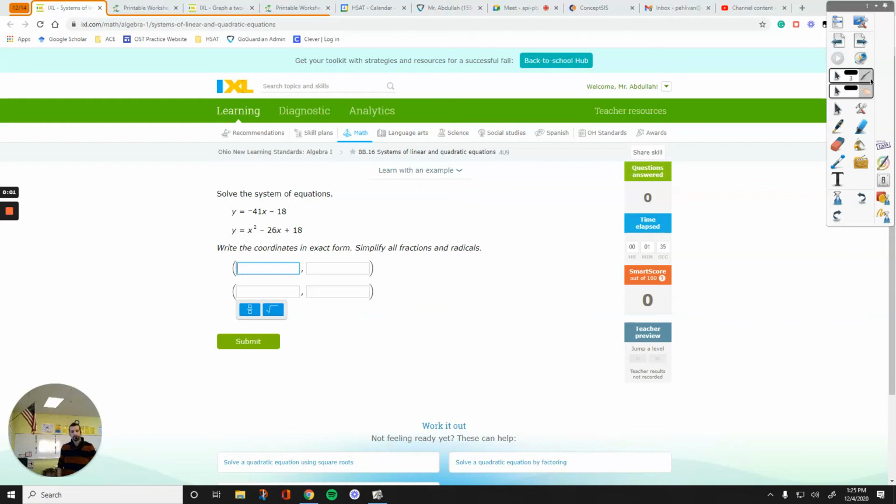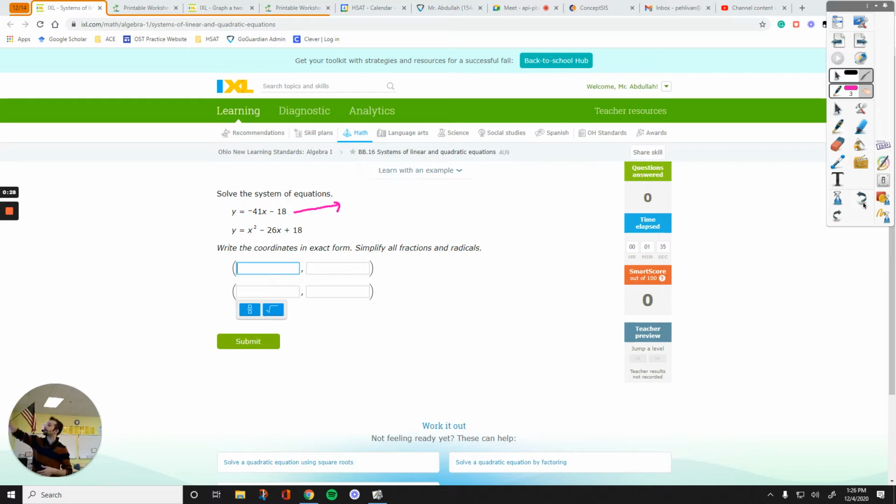Everyone, in this video we are going to talk about how to solve systems of equations if one of the equations is a quadratic or a parabola and the other equation is a linear equation. On the coordinate plane, the linear one is going to look like a line that goes down, steeper than that.